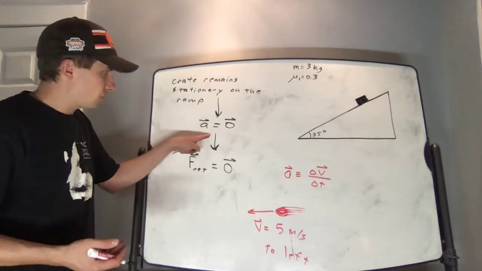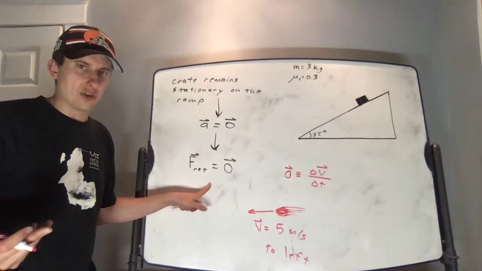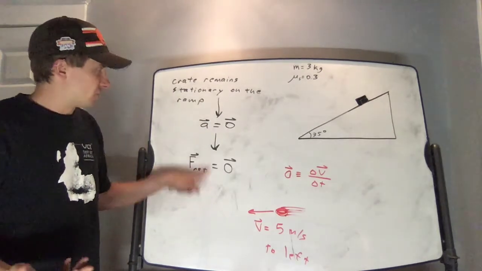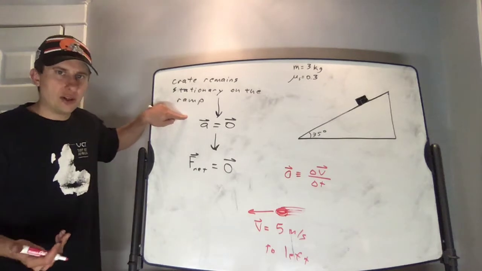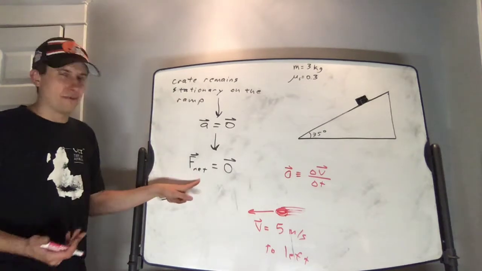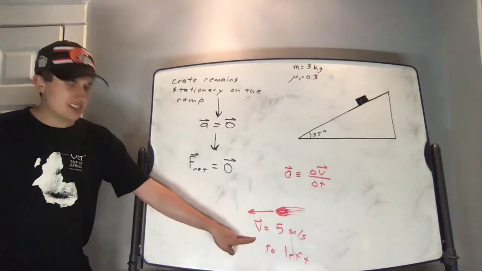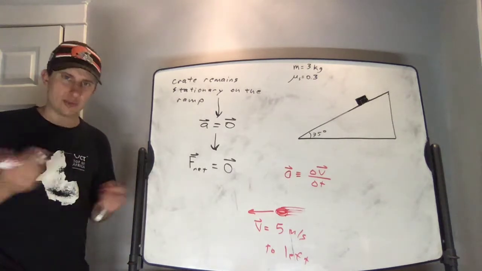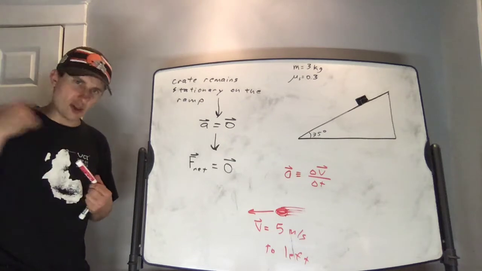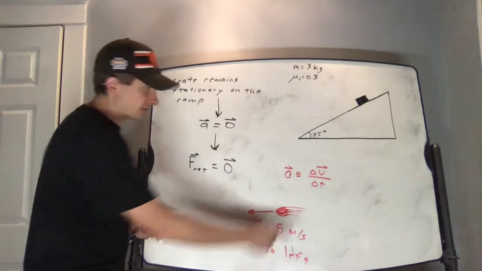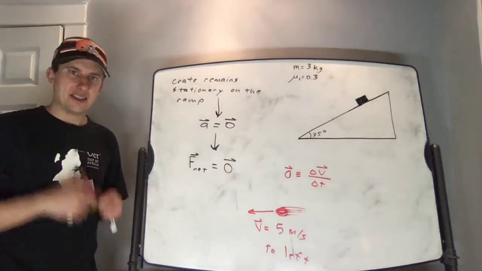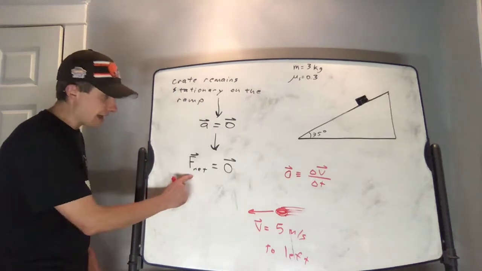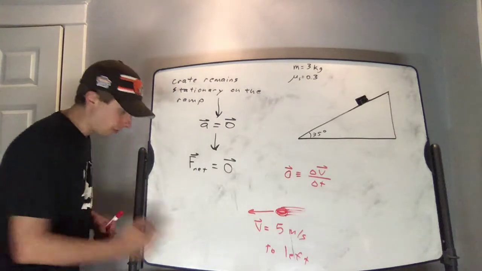And as long as acceleration is 0, then F net is going to be 0 as well. So this is one common example of 0 acceleration when the forces all add up to 0, but this is not the only possible scenario where the forces on an object must all add up to 0. As long as the acceleration is 0, as long as velocity is constant, then you are guaranteed F net is going to be equal to 0.